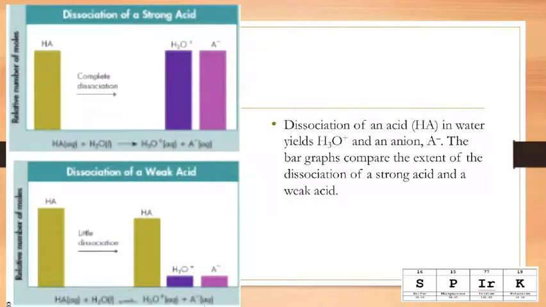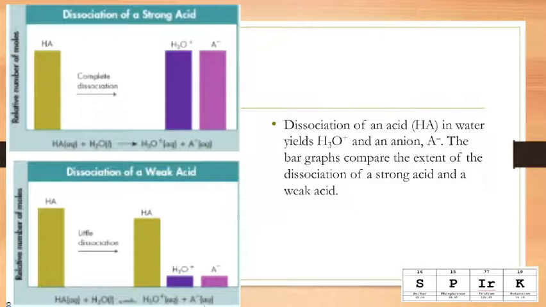So if we look at these graphs, the dissociation of an acid, or HA, that H just representing the hydrogen ion, because we know that all acids start with H, in water yields H3O+ and an anion, A-. The bar graphs compare the extent of the dissociation of a strong acid and a weak acid.